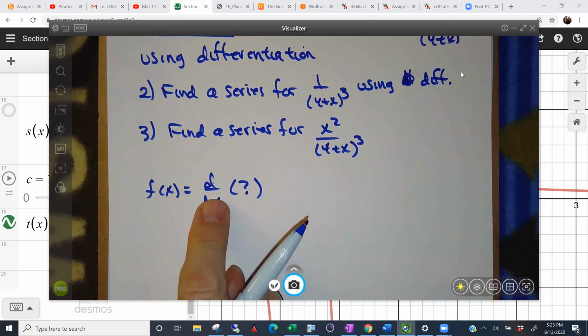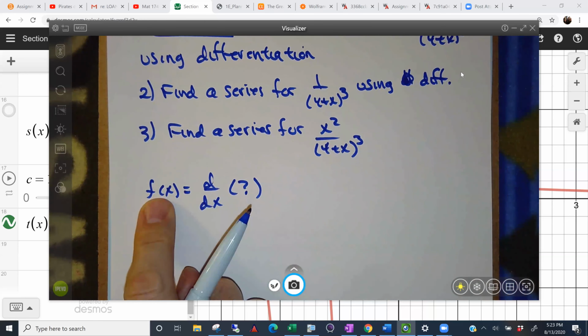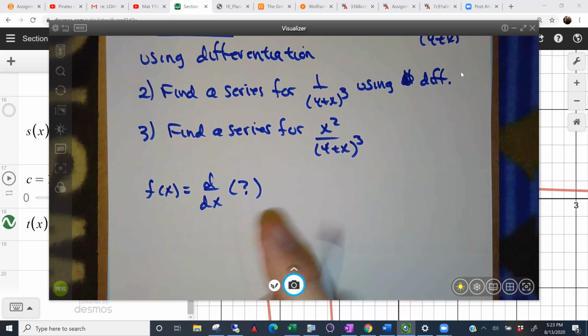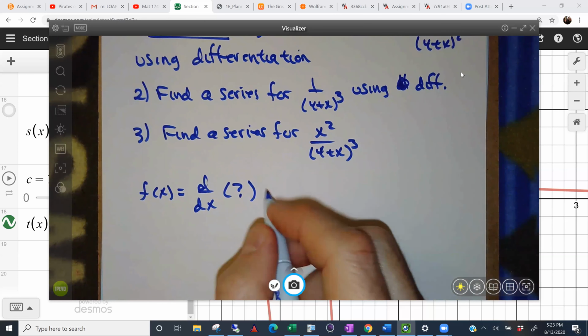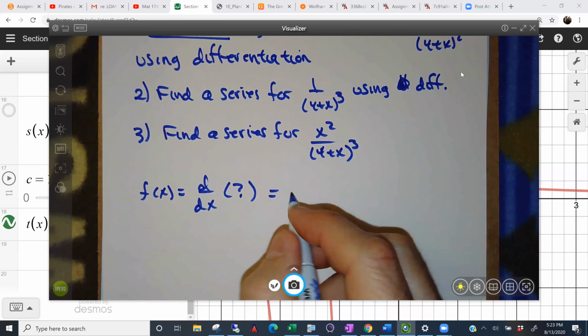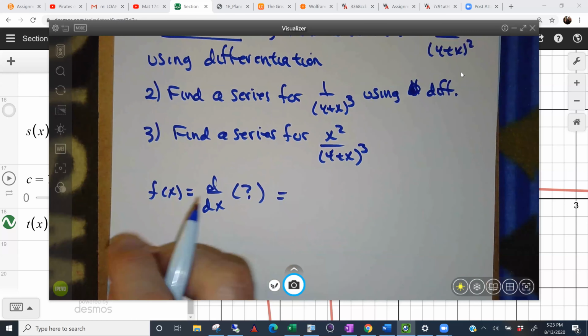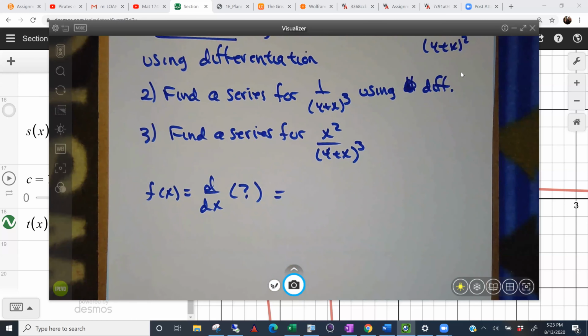So what do I differentiate to get this? Well, an equivalent way to answer that would be to do the opposite. I could integrate my function and see what I get, and then when I differentiate it, I'll get the integrand. So I'm going to integrate 1 over 4 plus x squared dx.